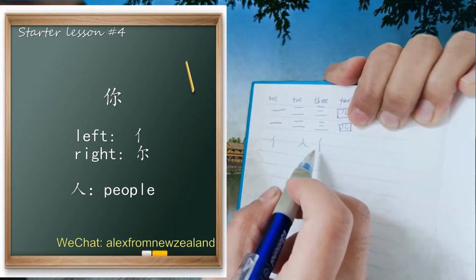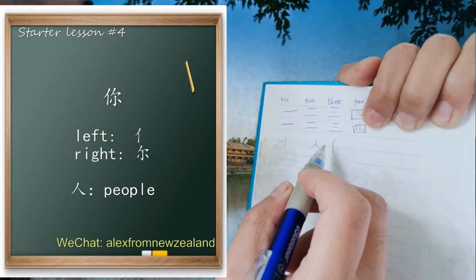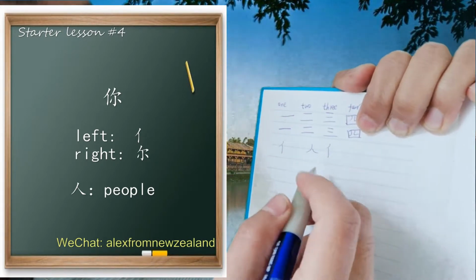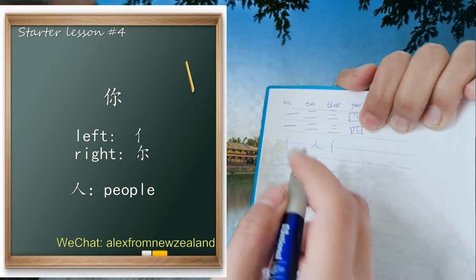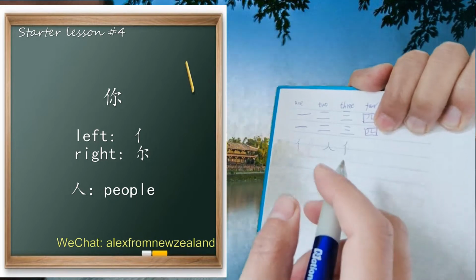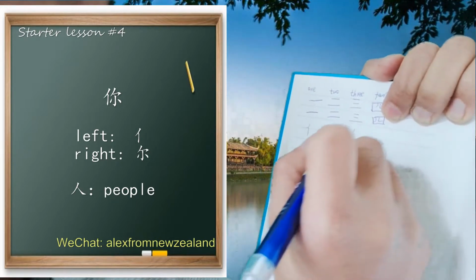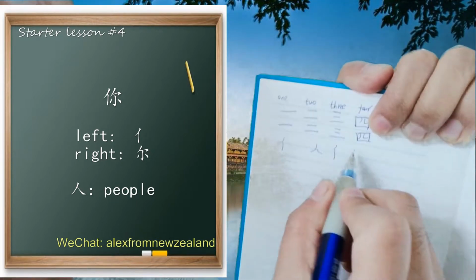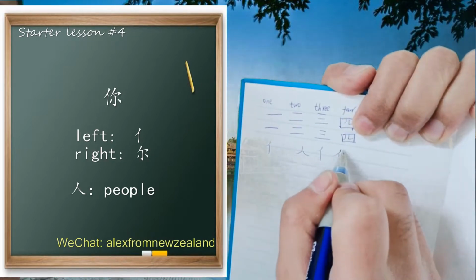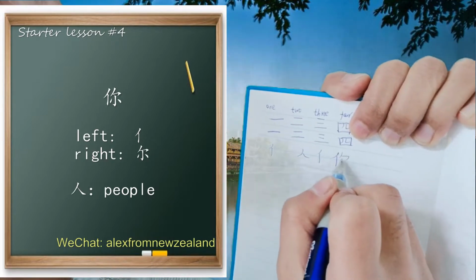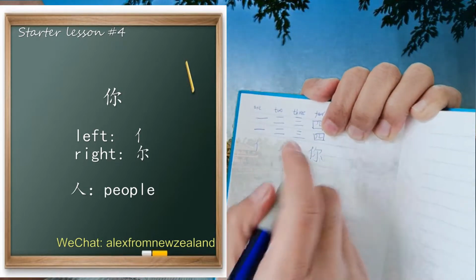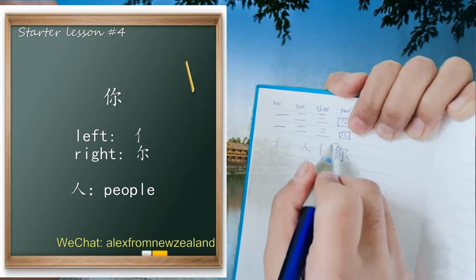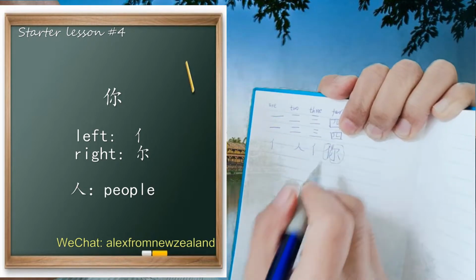If you see a character has a 人 component, it is probably relevant to persons like 你, okay? 你. 1, 2, 3, 4, 5, 6, 7. 7 strokes. Okay? So this is the left component. This is the right component.